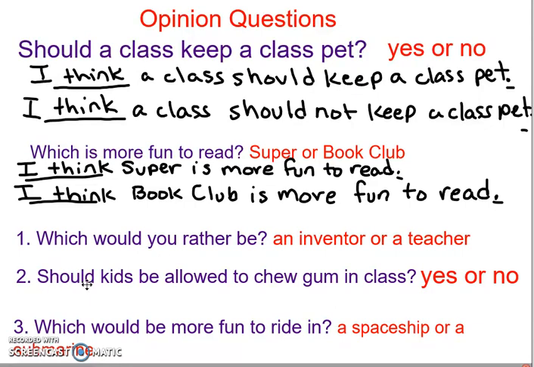Your second question, should kids be allowed to chew gum in class? Yes or no? And your third question, which would be more fun to ride in, a spaceship or a submarine? So on your blank piece of paper, please write your opinion statement for each question. When you are done, you can move on to the next video.